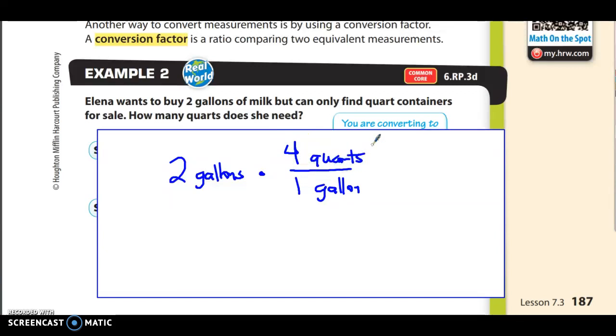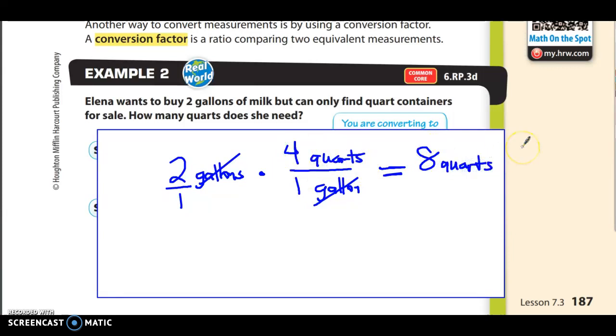And this should make a little bit of sense. 4 quarts per gallon times 2 gallons is going to be 8. Because 2 is like 2 over 1. So I've got 2 times 4 is 8. And it's going to be 8 quarts because these two words gallon cancel out, and so the only word that's left is quarts, so it's going to be 8 quarts.